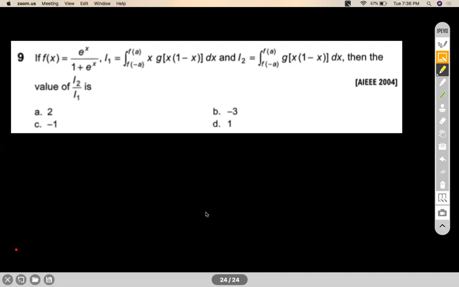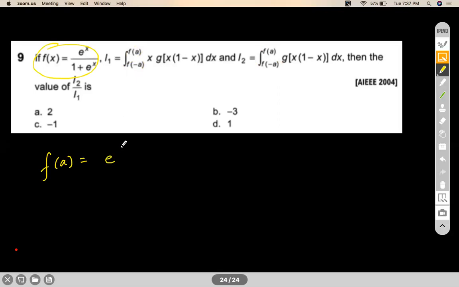All right. Most of you have voted for A and B. A and B have got equal number of votes. Let's check. Now see here, you can see that the limits of these functions are f of a and f of minus a. Both the places, f of a and f of minus a. Okay. And f of x is given to you like this. Now what is f of a?